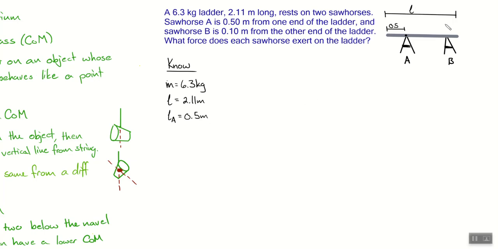Now, I also am told that from B to the end of the ladder is 0.10 meters. I forgot the meter and it's driving me crazy. So we'll go ahead and indicate, hey, the length from B is 0.10 meters.